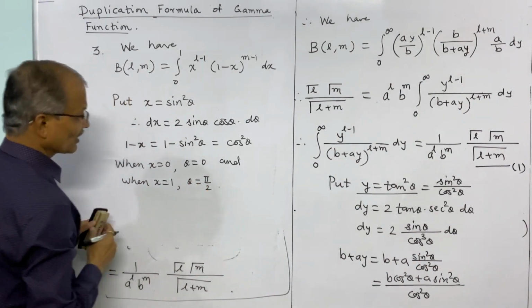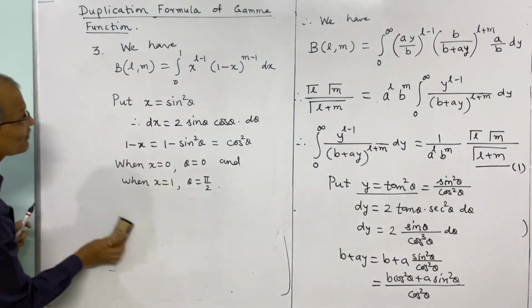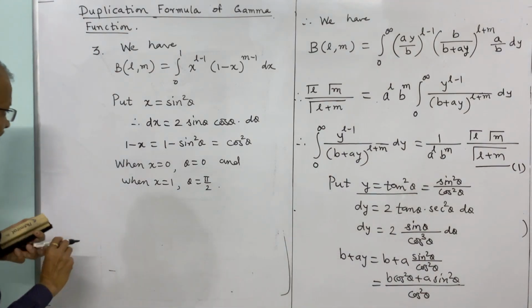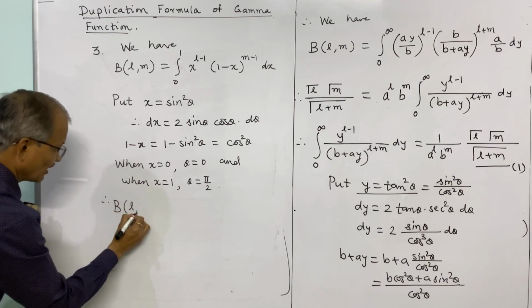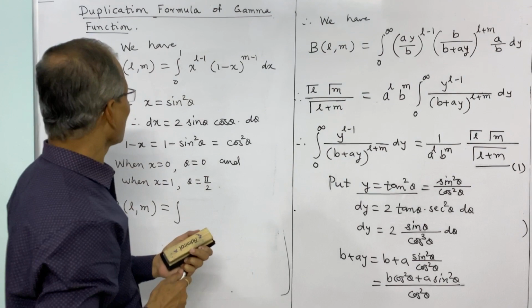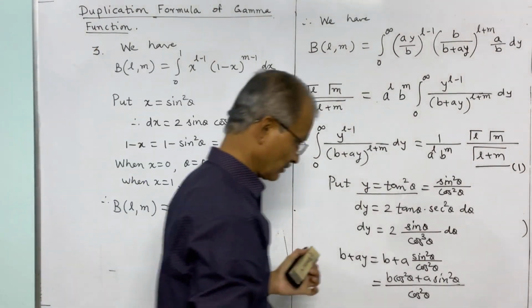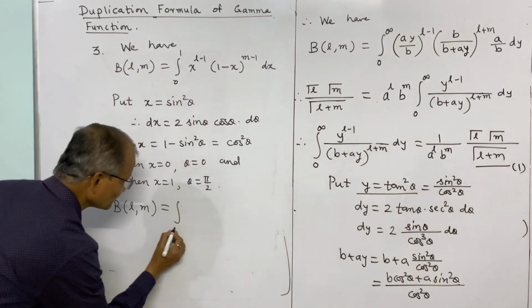So these are the new limits, and now we use these limits in the original beta function. Beta of L and M is equal to, the limits are 0 to pi by 2.